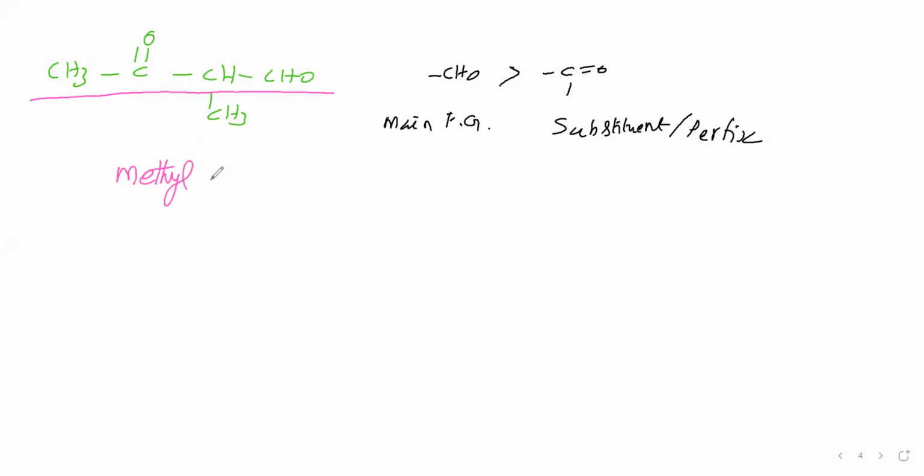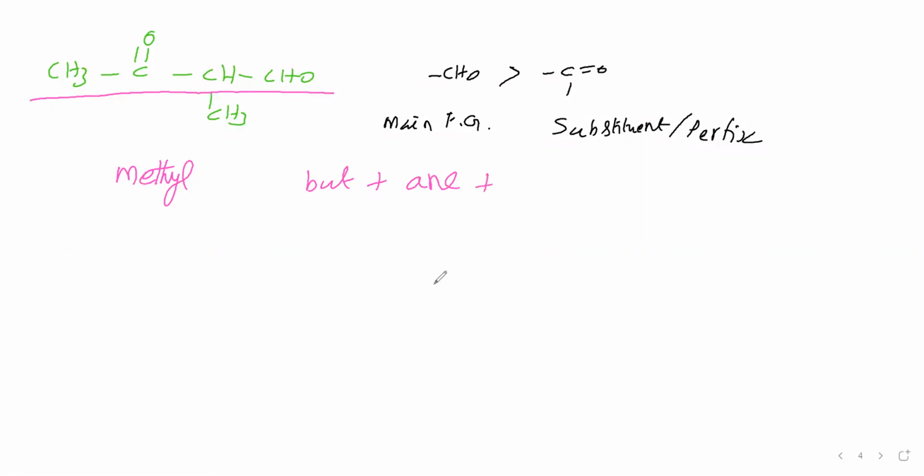This parent chain contains 4 carbon atoms, therefore but. Then the primary suffix name is ane, because of C-C single bond.